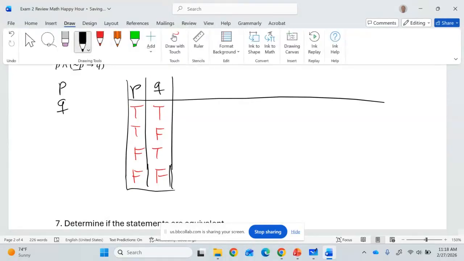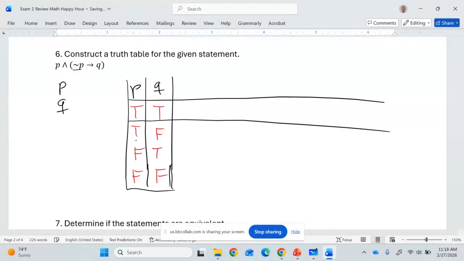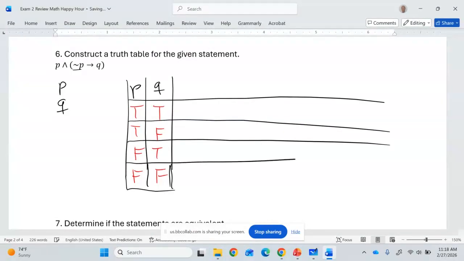Let me highlight the rows of the table. So that's one row, second row, third row, and then fourth row. But what definitely you shouldn't miss is that you need to have all 4 different combinations where you have T and T, T and F, F and T, and F and F. That's very important that you have all of the different combinations of the truth table.